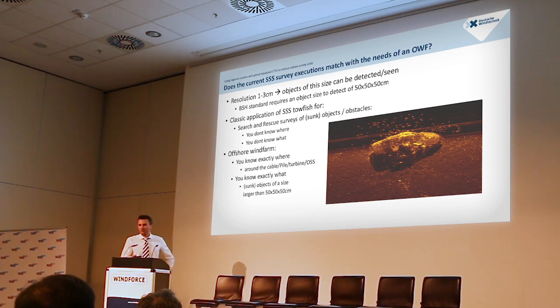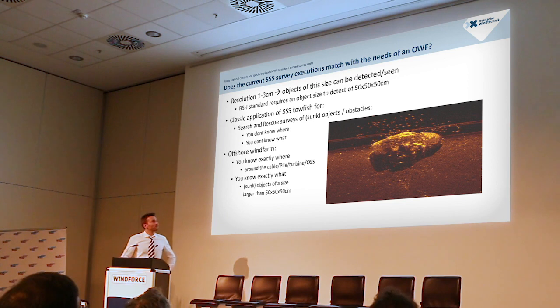You know exactly what, as the sunk objects are larger than 50 by 50 by 50, and you know where: around your locations or around the defined corridor around the cable trajectories. So I think it's pretty obvious that these needs and executions don't really match so well.